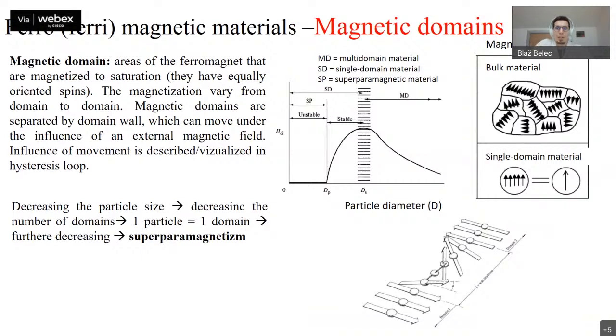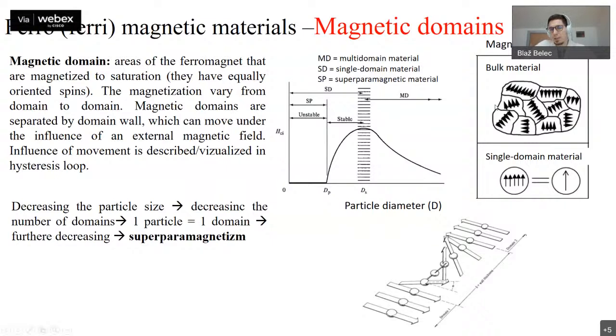The material is not magnetized uniformly, because the material consists of magnetic domains. Those are areas of the ferromagnet that are magnetized to saturation, so to the maximum value of magnetization, but the magnetization of a domain varies from one domain to another.